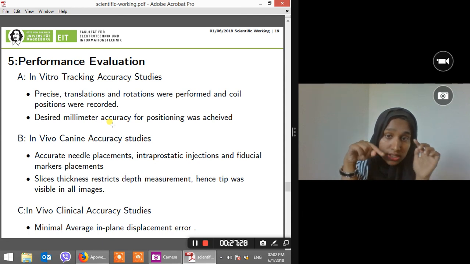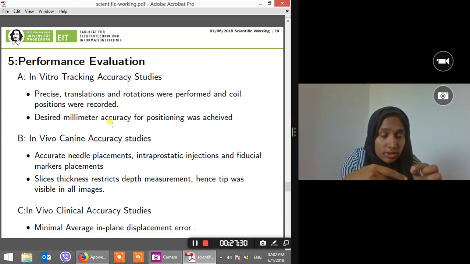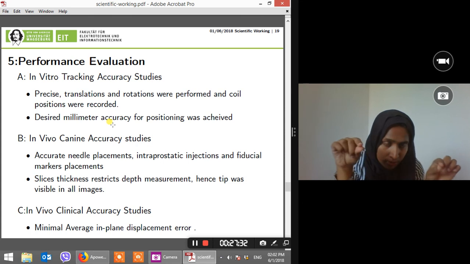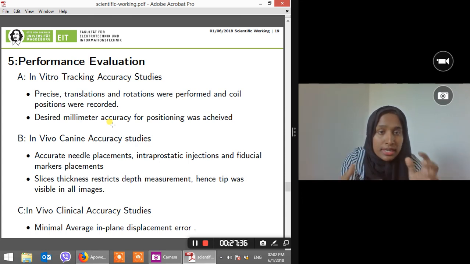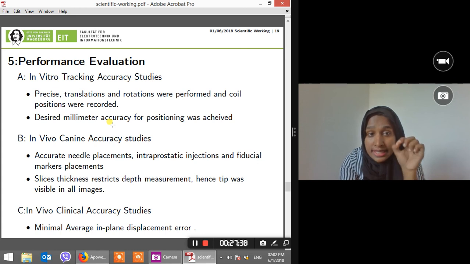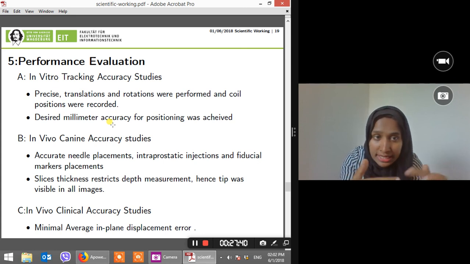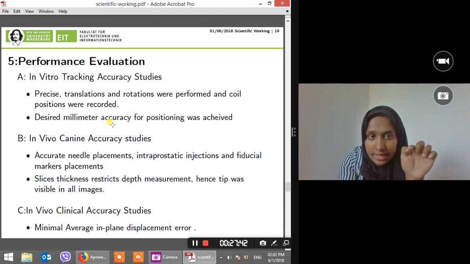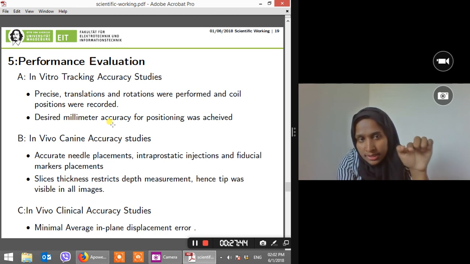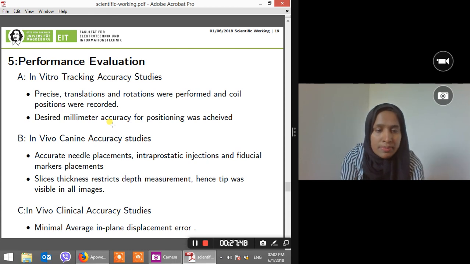But because of the thickness of the slice of the prostate, we are not able to detect the exact depth, but we can estimate the depth by the marker, the point of the marker that is actually placed. We will see that in the next image. The tip was visible in all the surgery, so it means that the needle reached the required position.